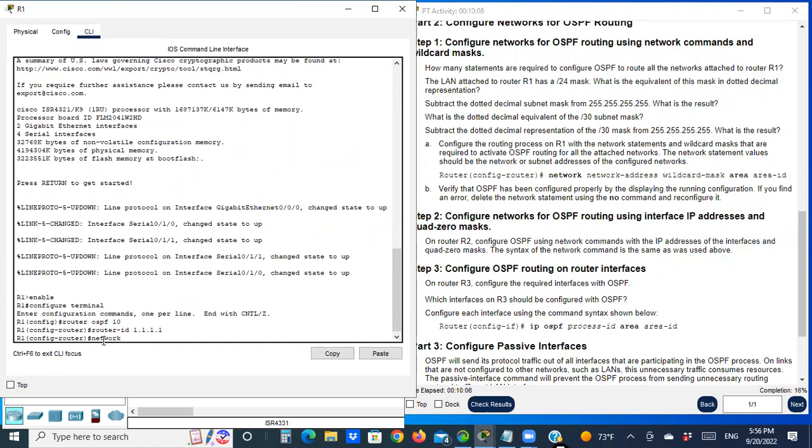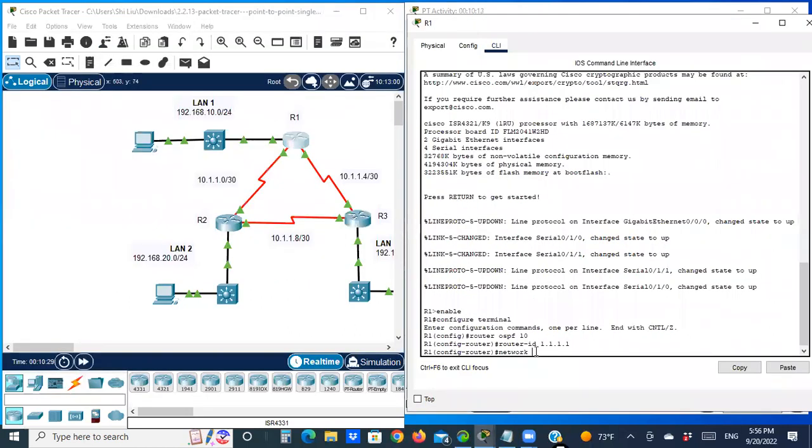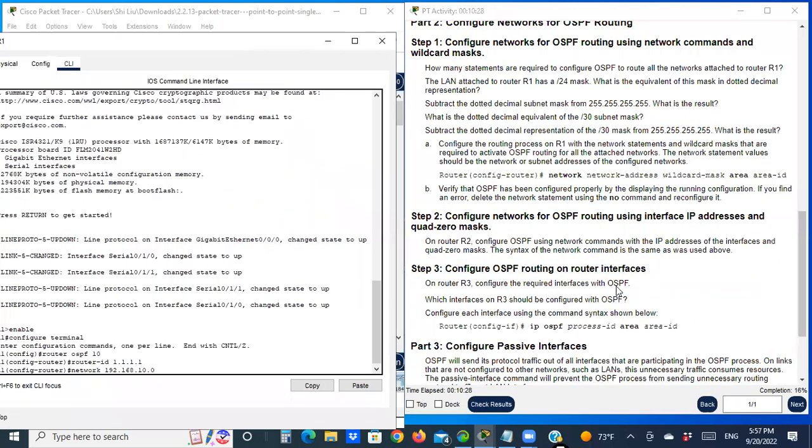Network. This one is a network: network 192.168.1.0, and the wildcard mask. Network address, wildcard mask.